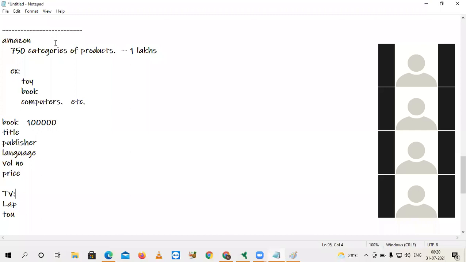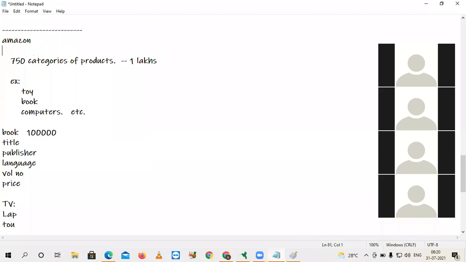So here, what is the solution for this? The problem description is that 750 different categories of products are there. But from category to category, the structure of the product is different. If it is a book, the attributes are these.